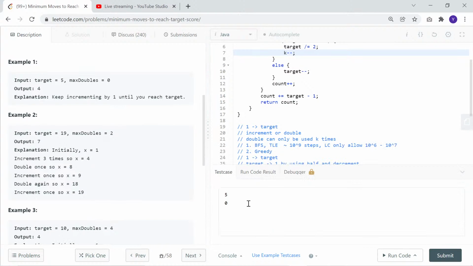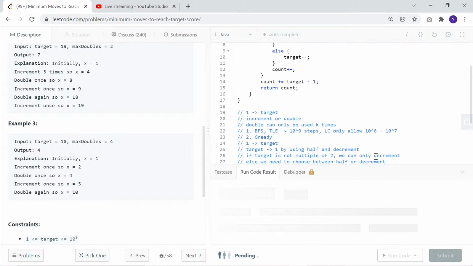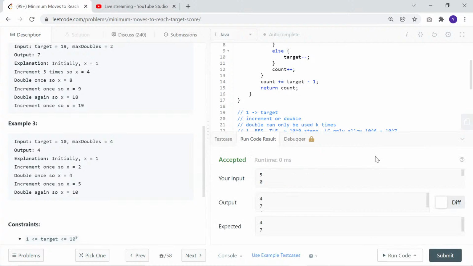So let's do 19. Okay, so this is correct.